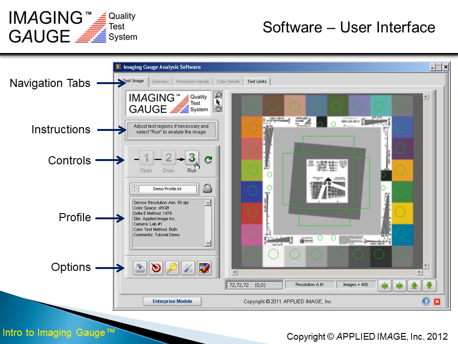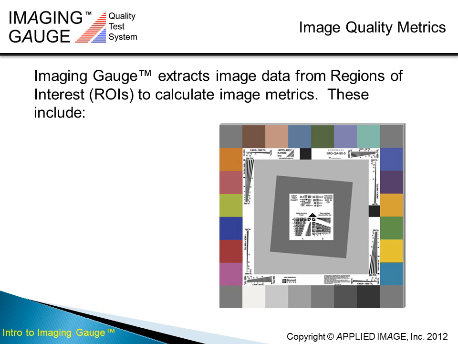And different options are available at the bottom of the user interface. When Imaging Gauge analyzes an image, it extracts data from the regions of interest that are placed on the target. Uniformity measurements are made in the 4 corners of the image.